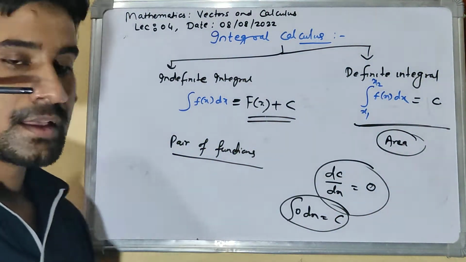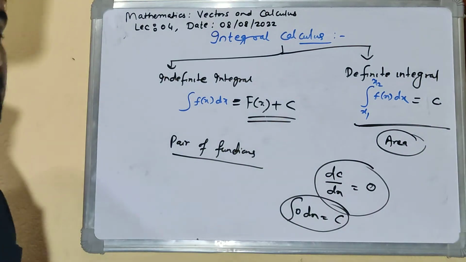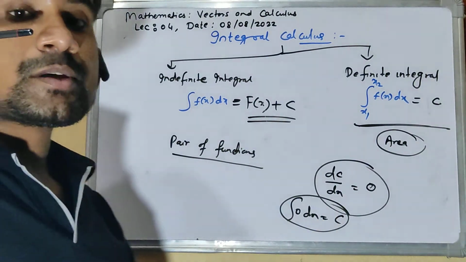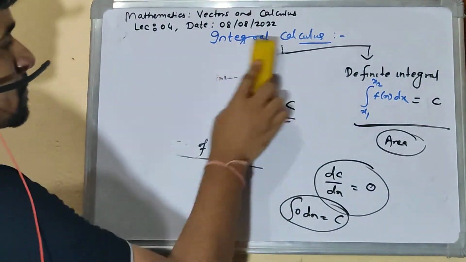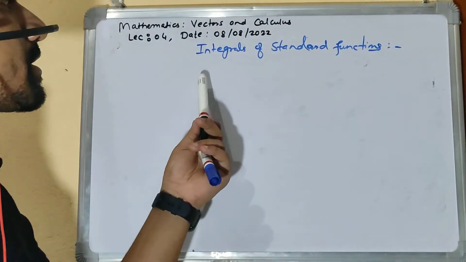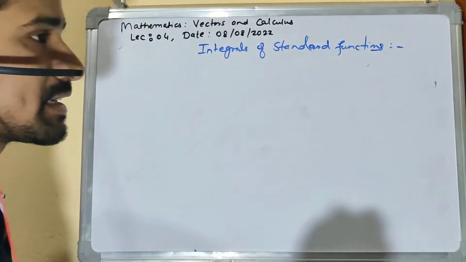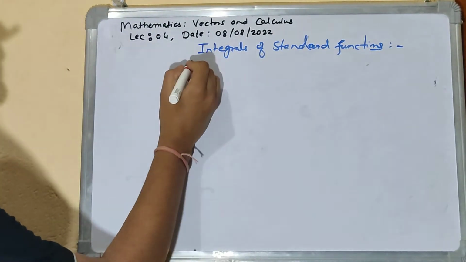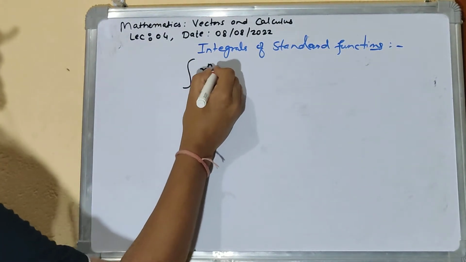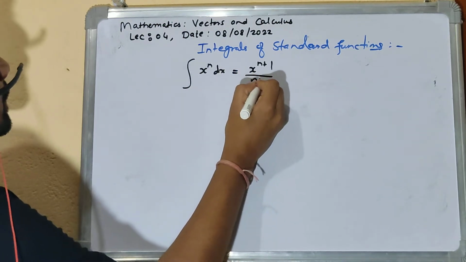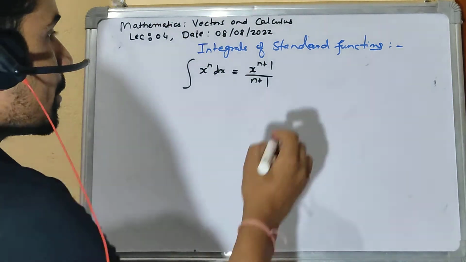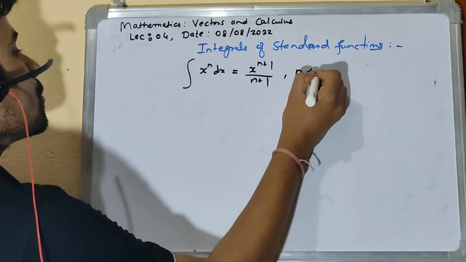Let's understand the integration of some standard functions, and then we will solve some problems. Let's start with a function in x. The integration of x to the power n dx is x to the power n plus 1 by n plus 1, plus c, where n should not be equal to minus 1.